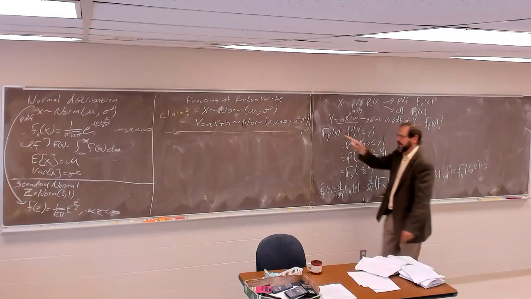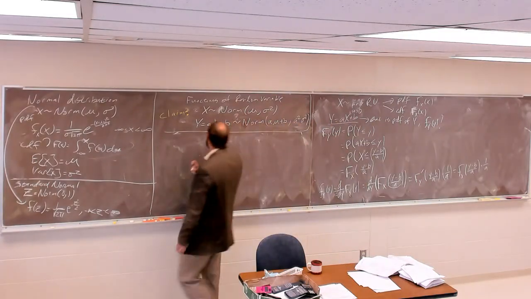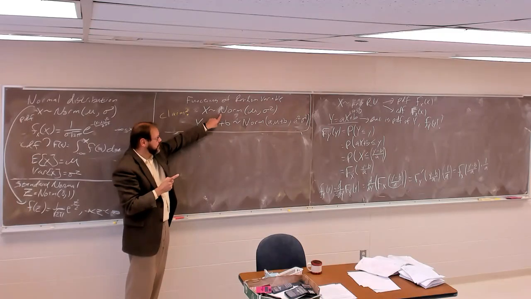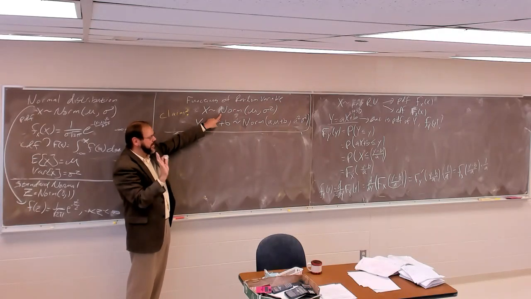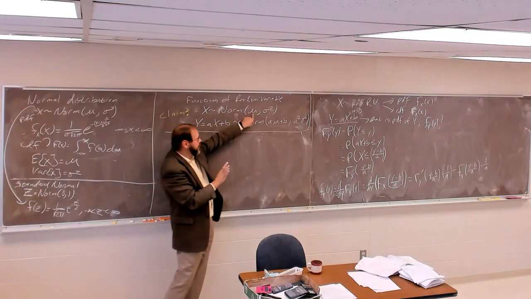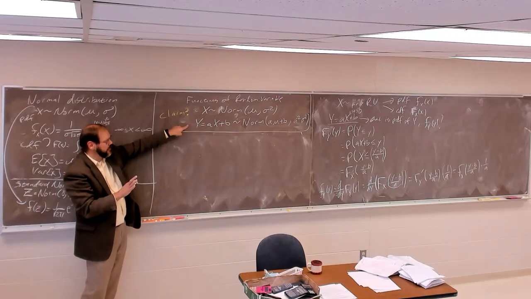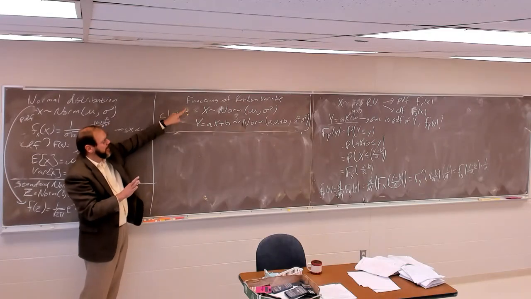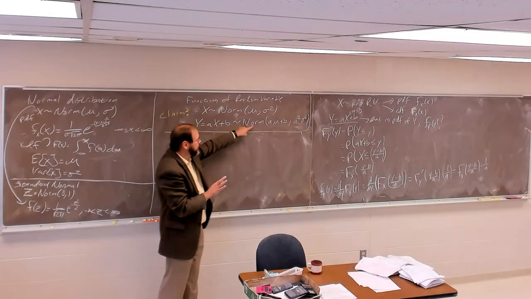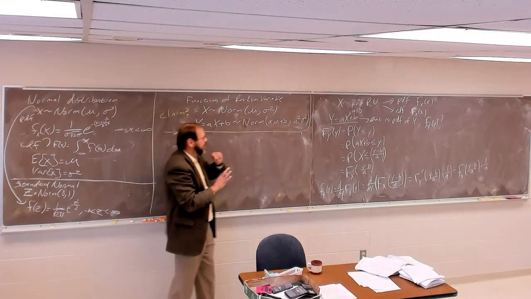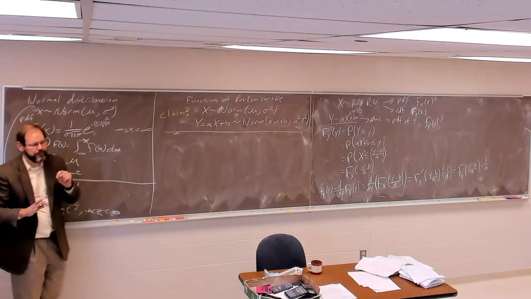So here's my claim, and that's why I left this up here from last class: if I start with a normal random variable, I shouldn't expect this, but I can show that it's going to be true. If I start with a normal random variable with parameters mu and sigma squared, and I do this sort of linear transformation, I will get a new normal random variable with parameters a plus mu b and a squared sigma squared.